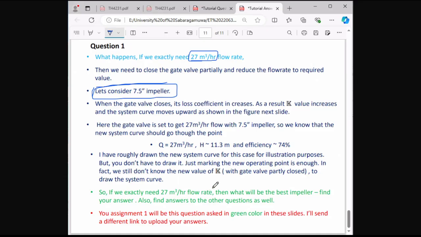Then again, you need to draw the system curves.